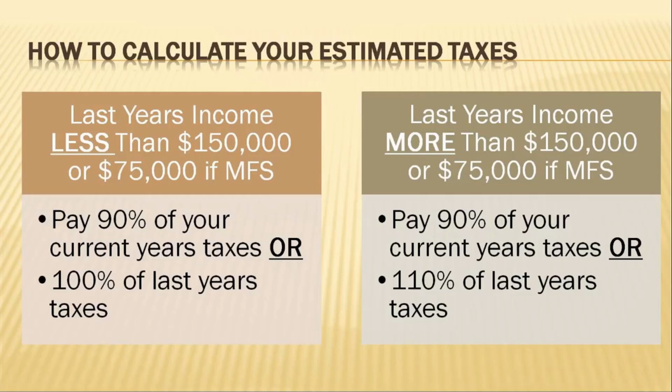So once you calculate your last year's tax liability, and then you determine what 100% of that is, you take that total, you divide it by 4, and you send the IRS a payment every quarter. Or you can pay 90% once again of the current year's taxes. So those are options that you have.